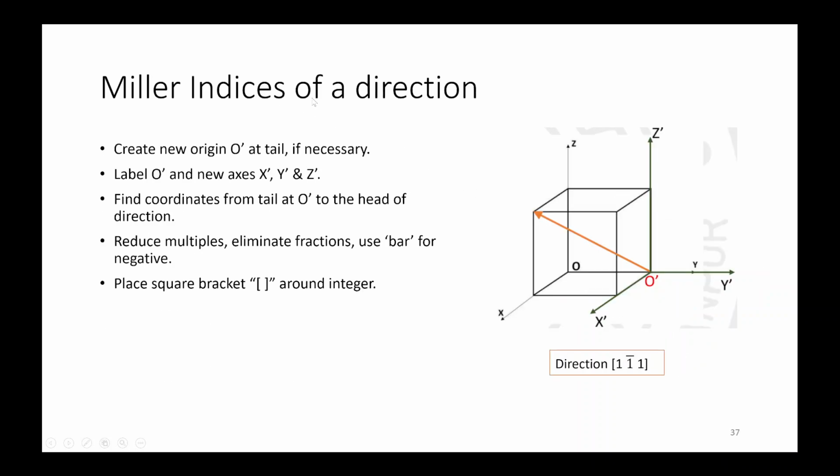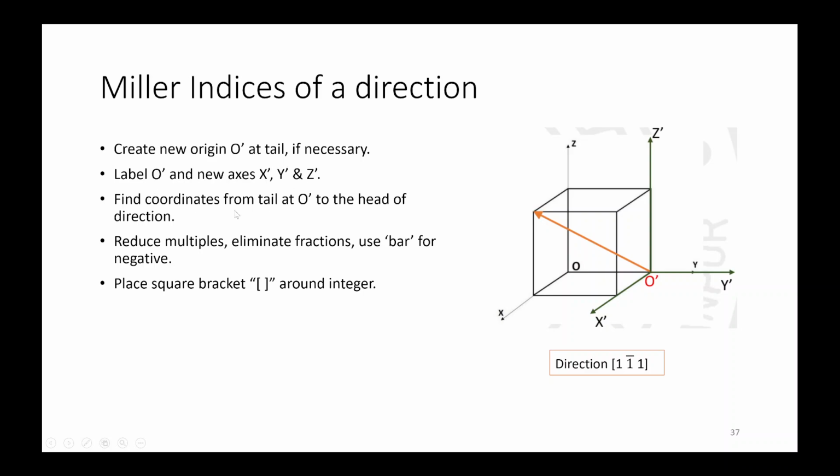In case of Miller indices of a direction, in direction we can shift our origin. So if we are shifting our origin to here, then we'll be labeling it O dash, and the new axes will be x dash, y dash and z dash.